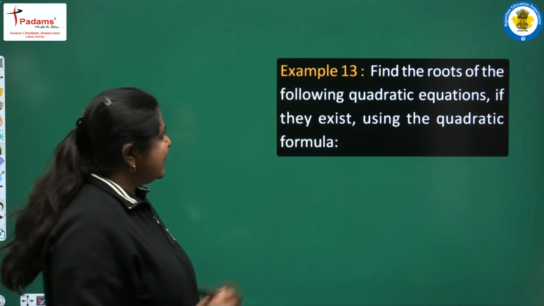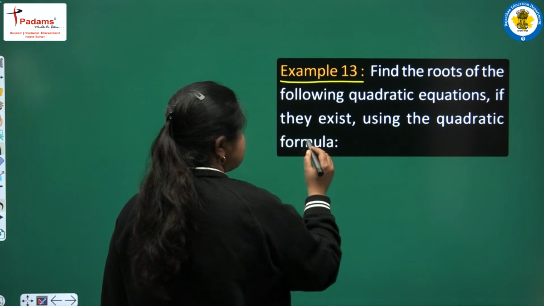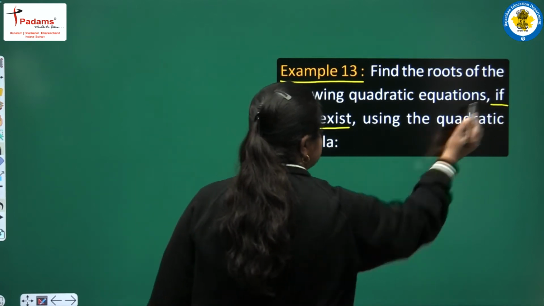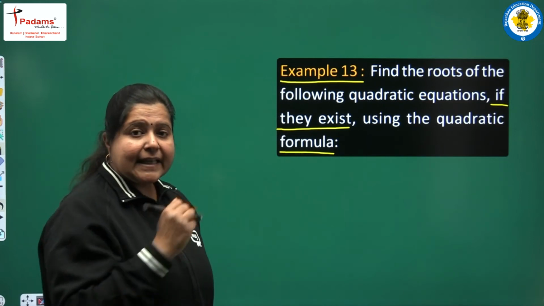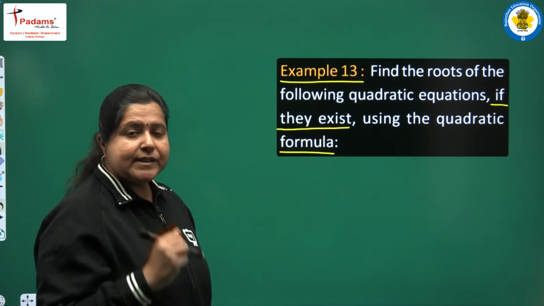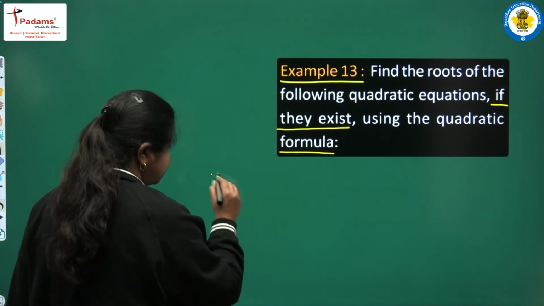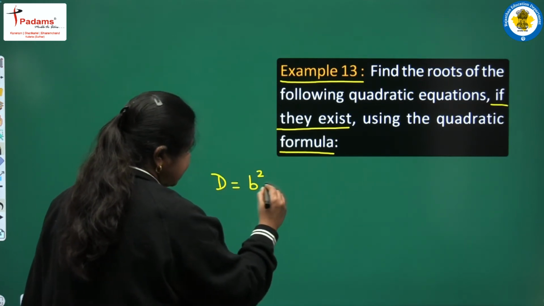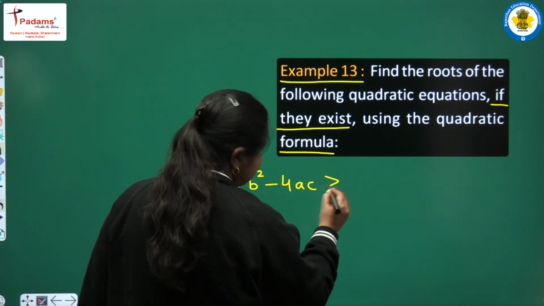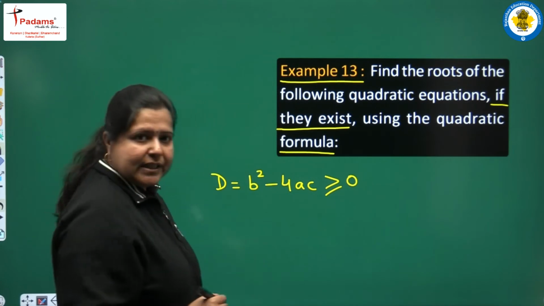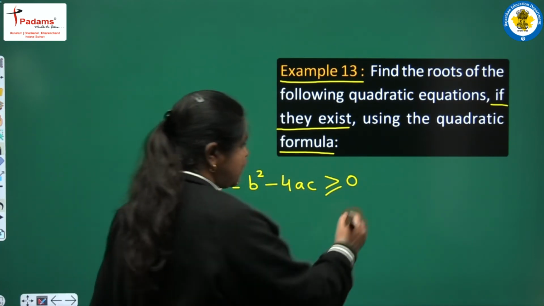Next we have example number 13. Find the roots of the following quadratic equations if they exist using the quadratic formula. तो अब हम कैसे पता करते हैं कि किसी दी हुई इक्वेशन के रूट्स एग्जिस्ट करते हैं या नहीं? इसके लिए हम लेंगे डिस्क्रिमिनेंट D को, और वो हमें मिलता है एक्सप्रेशन b square minus 4ac से। अगर इसकी वैल्यू पॉजिटिव है या इक्वल टू 0 है, if it is greater than or equal to 0, then the roots exist.